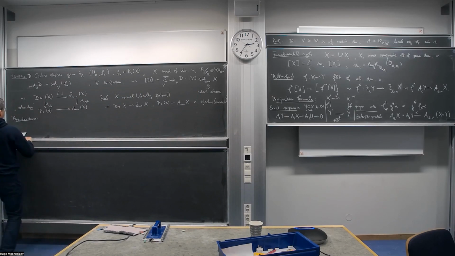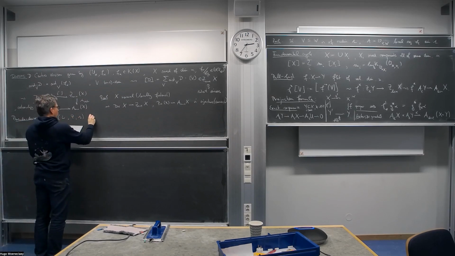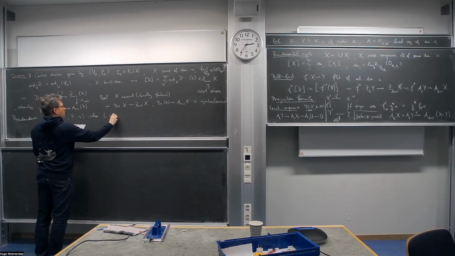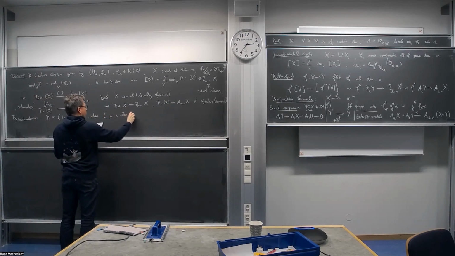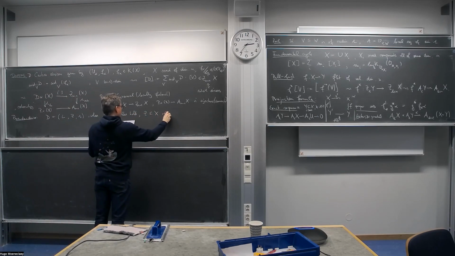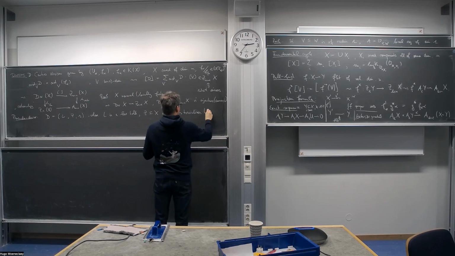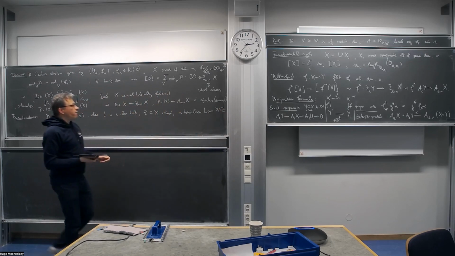So what is a pseudo-divisor? It is a triple consisting of L, Z, and s, where L is a line bundle, Z in X is closed, and s trivializes L over X without Z, so a nowhere vanishing section.